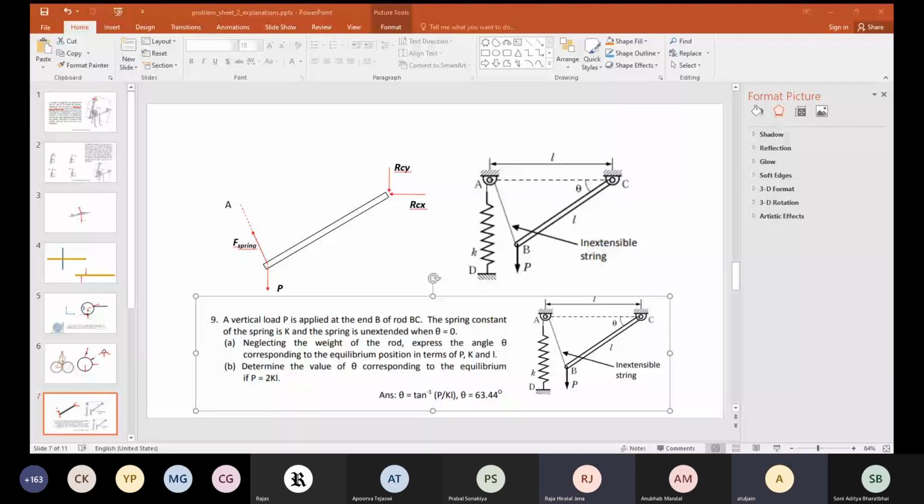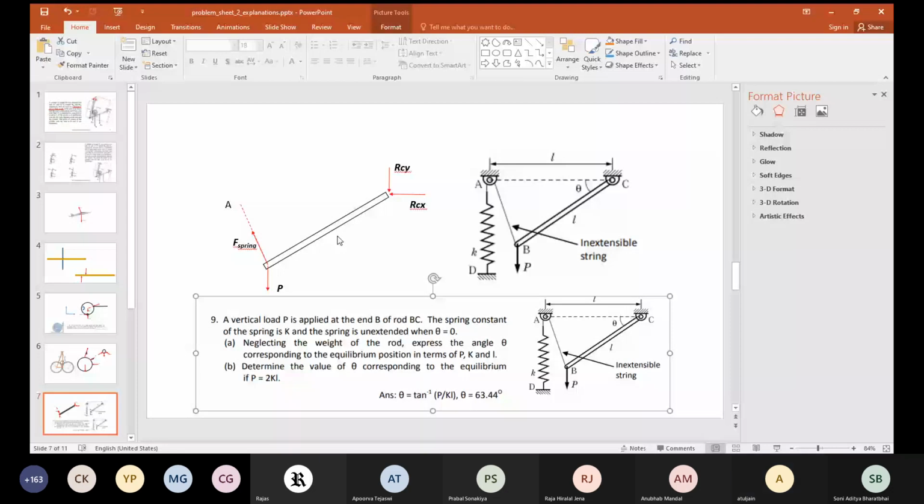Read the statement carefully and try to understand, and confirm whether you agree with the free body diagram that I have drawn, and then tell me how we will solve this problem. A vertical load P is applied at the end of rod BC.